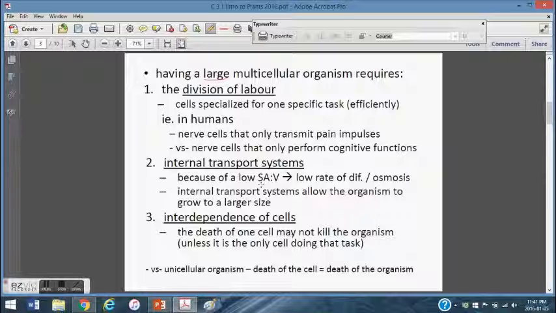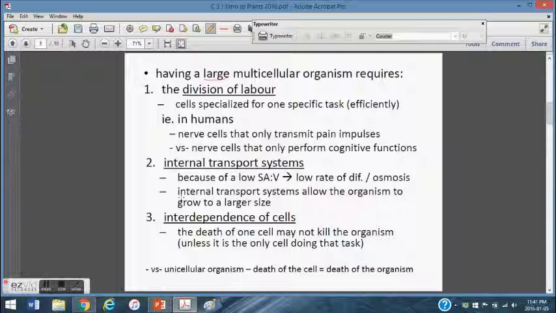Because as organisms get bigger, they have overall a low surface area to volume ratio. There is a low rate of diffusion and osmosis. Now, having an efficient internal transport system allows the organism to grow to a larger size.